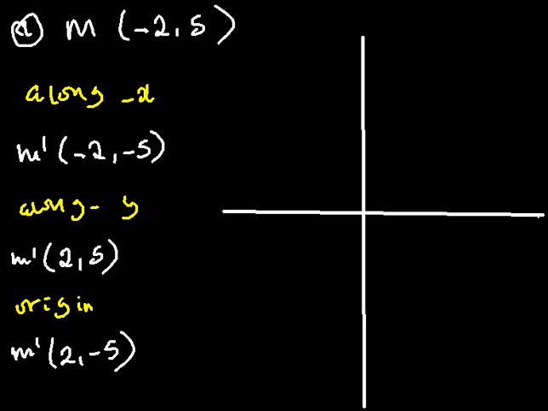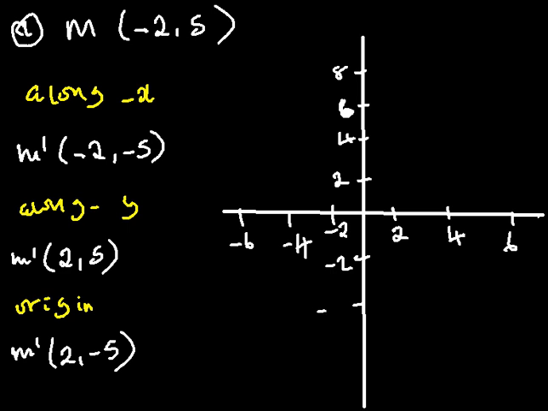For that case, we may have the axis marked 2, 4, 6, 8, and negative 2, negative 4, negative 6, negative 8. And the object point is M, (-2, 5).